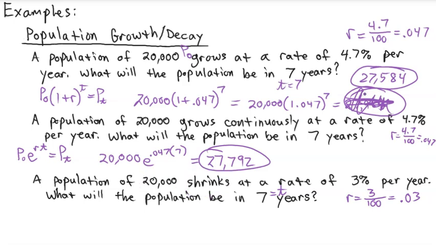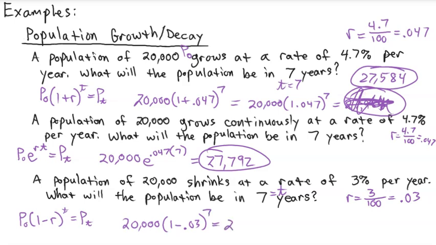We do not see the word continuous in here, so we're going to use the discrete formula: P naught times (1 minus r) to the t power is equal to P sub t. So 20,000 times (1 minus 0.03) to the power of 7.